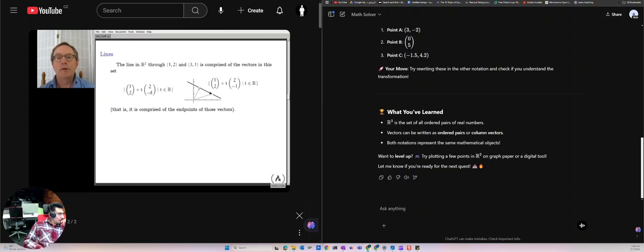Take the offset and you get 2 and minus 1. So there's the (2, minus 1). That tells you how to get from the (1, 2) vector to the (3, 1) vector.